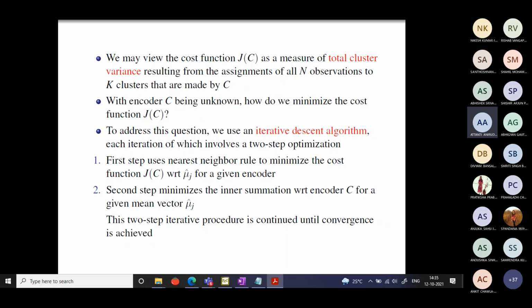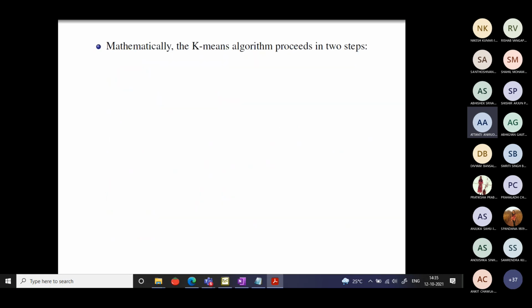Of course, conventional k-means is also a two-step process. After a certain number of iterations, when convergence has happened, the value of the centroids does not change anymore, or it changes only after a few decimal places, which is insignificant. This is how you come to know that convergence has happened.